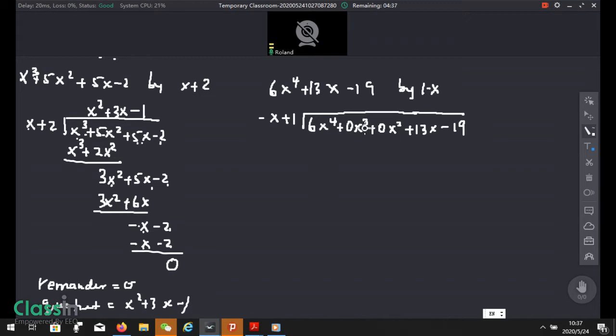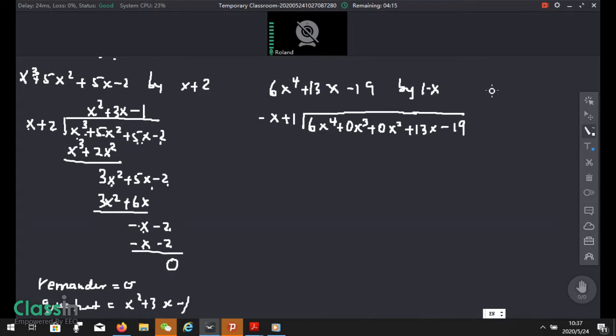So if there is no x cubed, we replace with 0x cubed. If there is no x squared, replace with 0x squared. If there is no x, replace with 0x. If there is no constant term, the term with no x, we replace with 0.